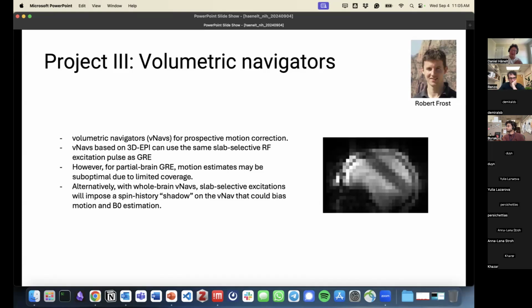I don't know if a mask is used for this registration, to be honest, but for the B-naught estimation he always applies a mask to update the shim. But yeah, we might try it out.